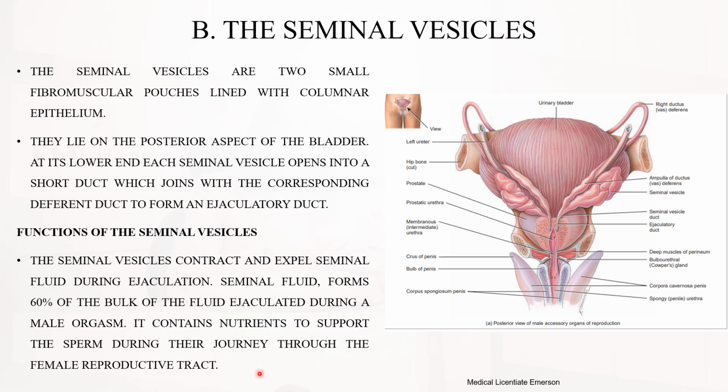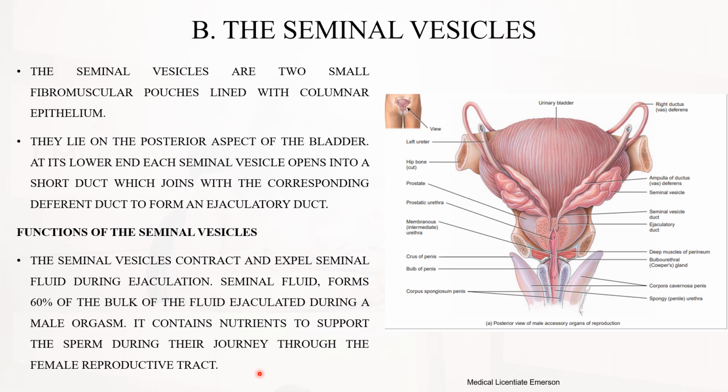If you have ever heard of the word semen, semen and seminal fluid are two different things. Semen is more like the composition of the seminal fluid, the milky part, as well as the sperm cells.